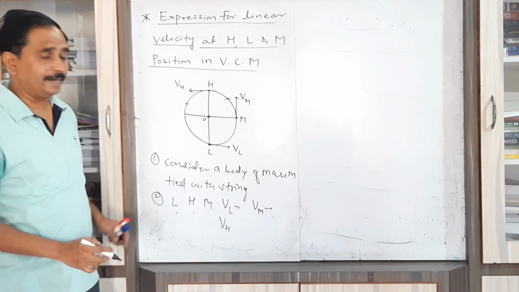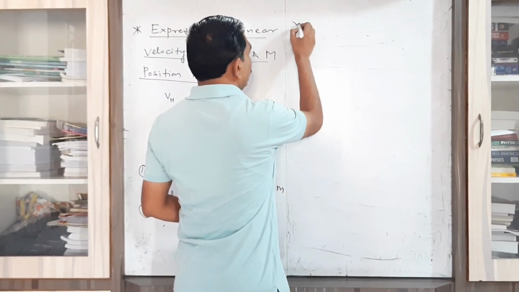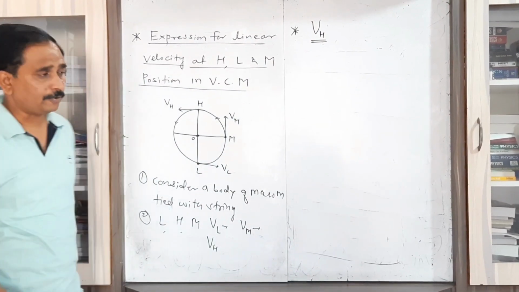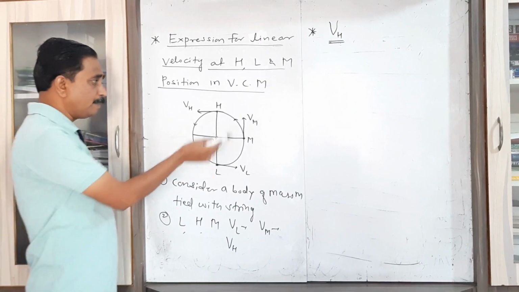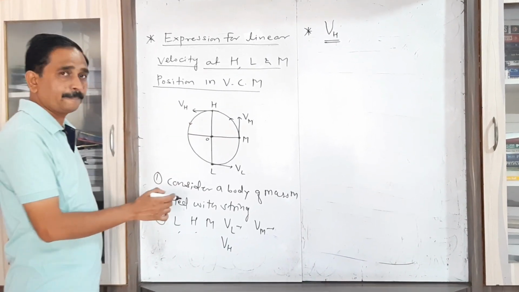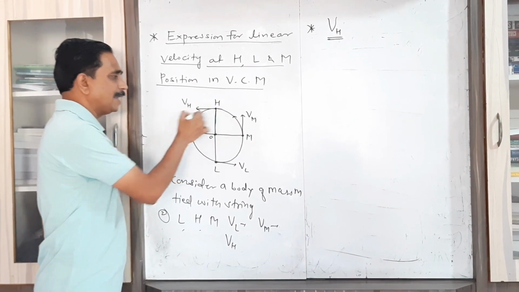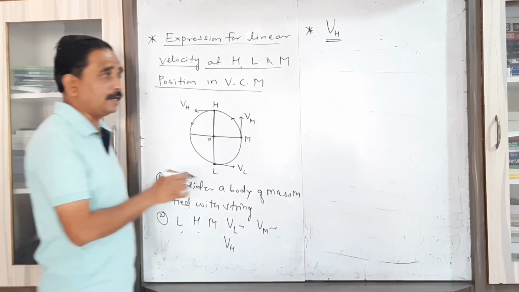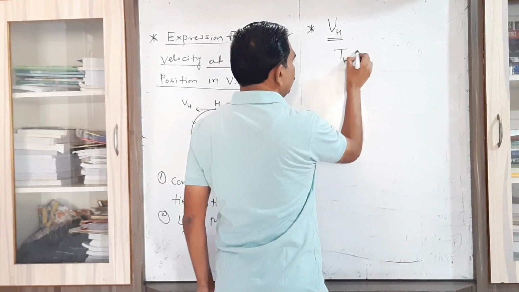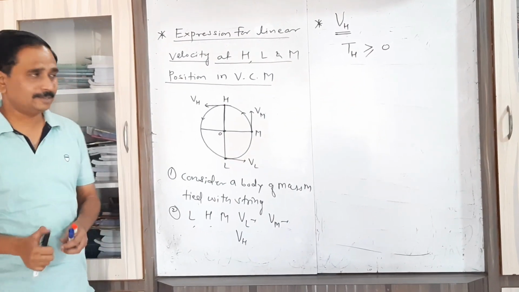Now in order to find the velocity at the highest position, first we have to find the velocity there. For that, in order to complete the vertical circular motion of that body without losing the string, without slacking that string, the condition must be followed that the tension at the highest position must be greater than or equal to 0. Let us repeat again.